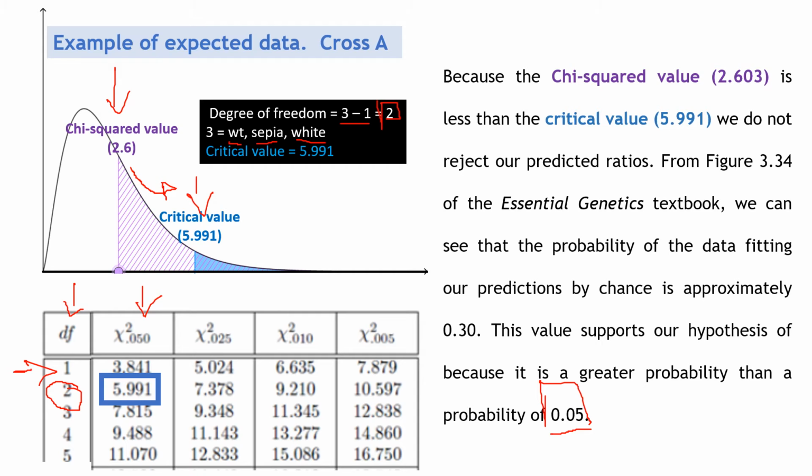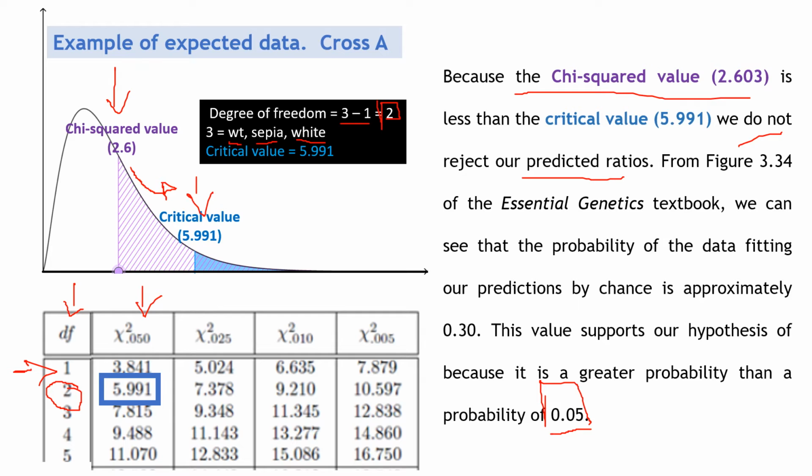So because the chi-square value is less than the critical value, we don't reject our predicted ratios. In other words, each one of those cells seems to be similar enough. So we don't reject our null hypothesis in this case.